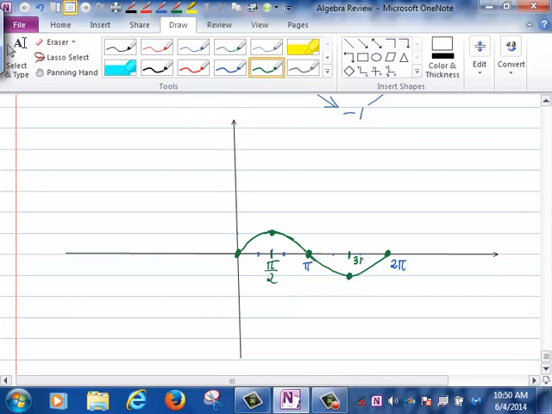Now this is the graph between 0 and 2 pi, but what's the graph everywhere? Well, you repeat this in both directions. So let me try to do that.